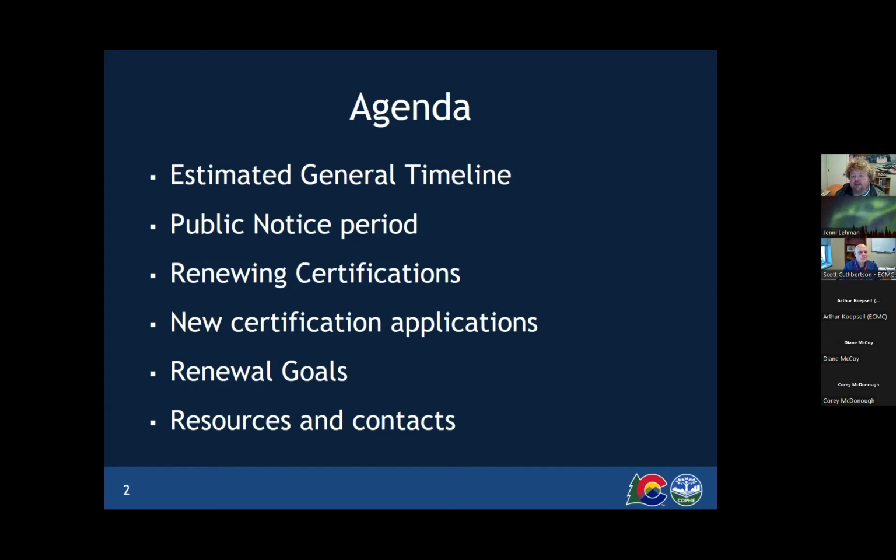The renewal applications are now open in CEOS, and I want to make sure everyone knows to renew any certifications you have under this permit. We'll touch on new certifications that might come in between now and when the permit is renewed in April. Then we'll talk briefly about the renewal goals, and how you can find out more about the changes proposed in the draft permit. And then I'll give you some resources and contacts as well.